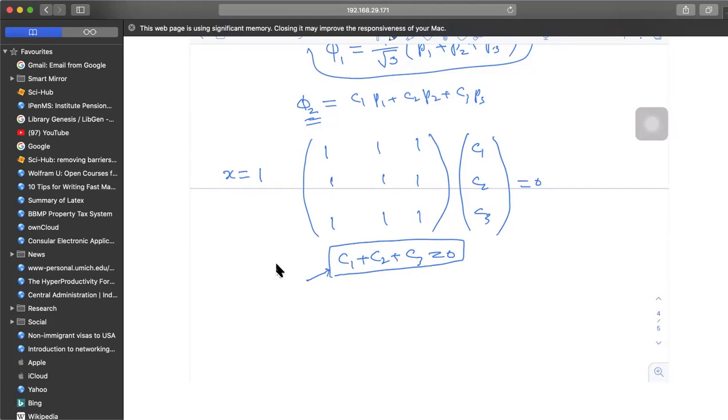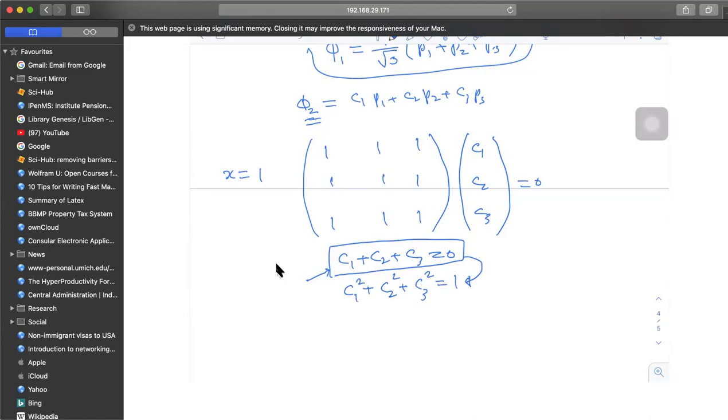What is that equation? By putting one of them equal to 0. Yeah, that is possible. But even before that, we have one more equation because this function must be normalized. Normalization means C1 square plus C2 square plus C3 square must be 1. So now we have only 2 equations and 3 unknowns, so the system has many solutions actually.